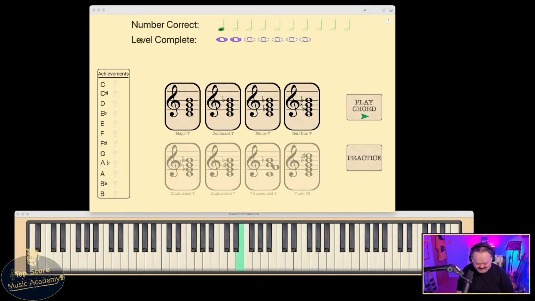There it is there. Diminished seventh chord. So there's one so far, which we had, which was there. So it's Bye Bye Blackbird.